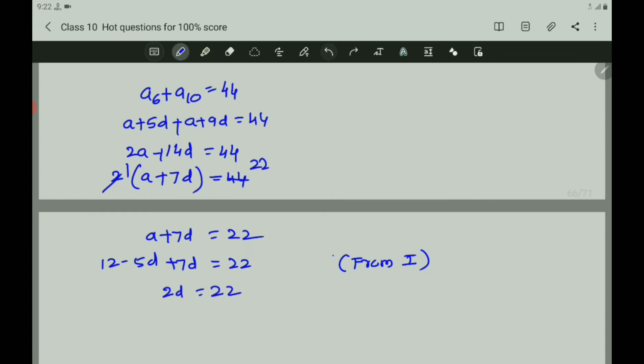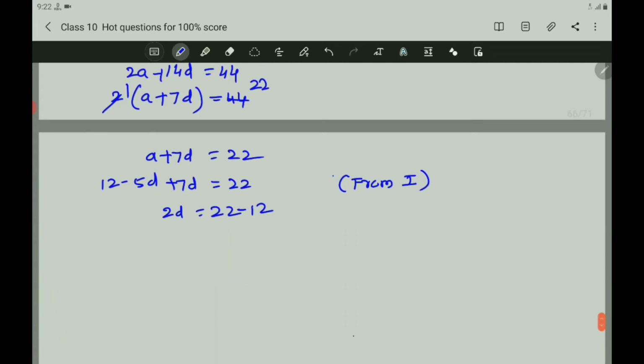Transfer this 12 to the RHS, that becomes minus 12. So you got 2D equals 22 minus 12. 22 minus 12 is 10. So you got D equals 10 divided by 2. 2 5s are 10, so D equals 5. So the value of D you got is 5.